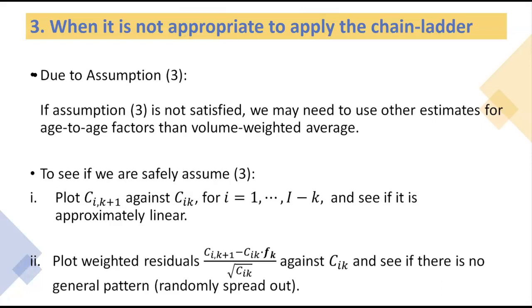Next, look at the residual plot. Plot the weighted residuals against the claim amount and see if there is no general pattern. If these two conditions are satisfied, then we can assume that the distribution satisfies assumption 3 for the chain ladder method.